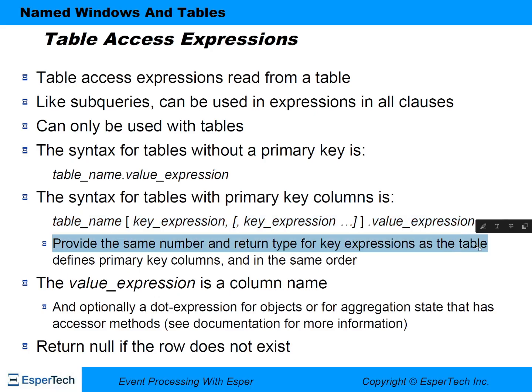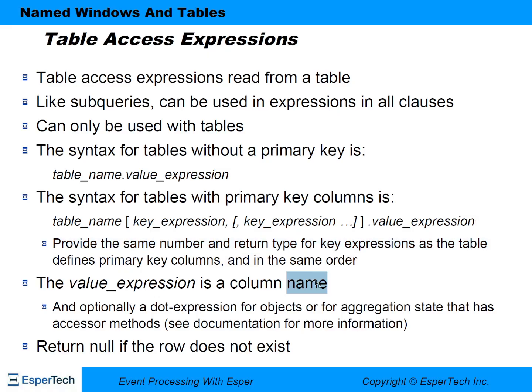Provide the same number and return type for key expressions as the table defines primary key columns, and in the same order. The value expression is a column name, and optionally a dot expression for objects or for aggregation state that has accessor methods. See documentation for more information. Table access expressions return null if the row does not exist.